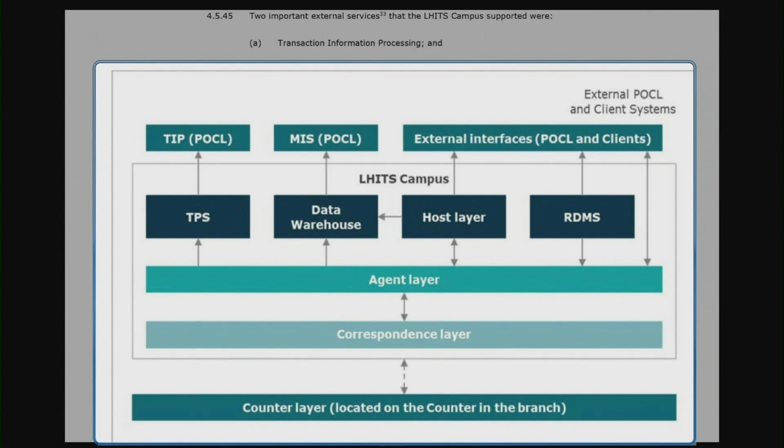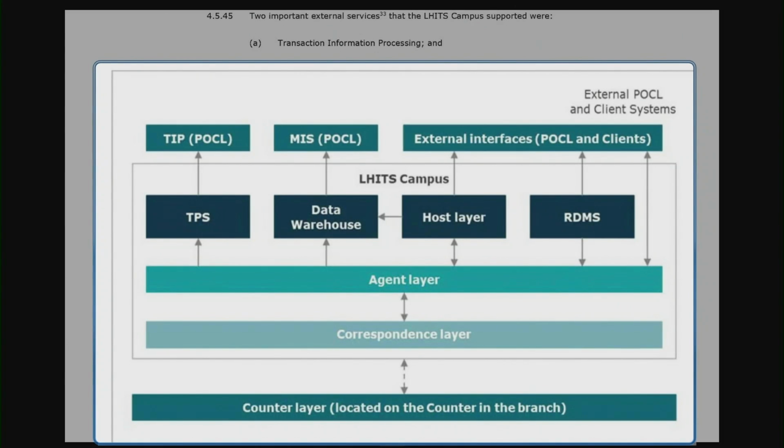You tell us in your report about the Transaction Processing System, or TPS, which is the next box to the left at this layer. Can you tell us what function the TPS had? Yes, so all of the transactions that are collected by Horizon ultimately terminate in POCL's financial systems.